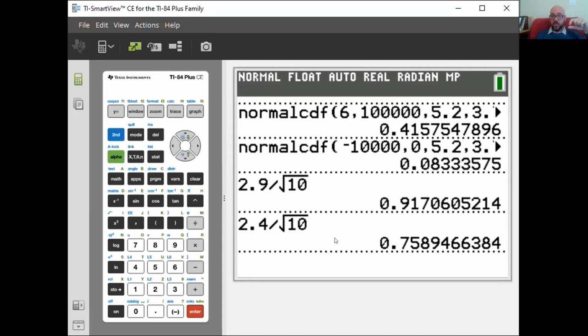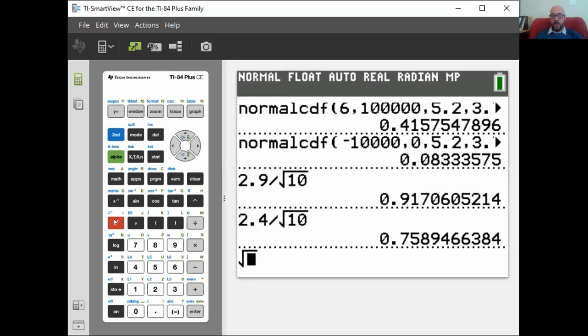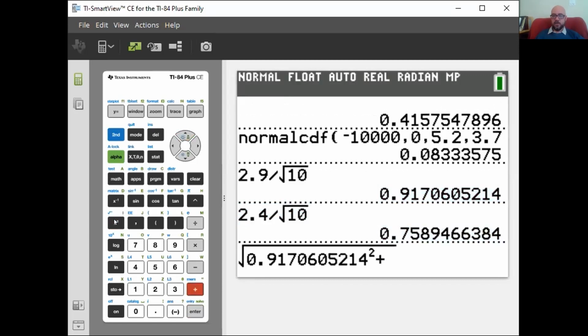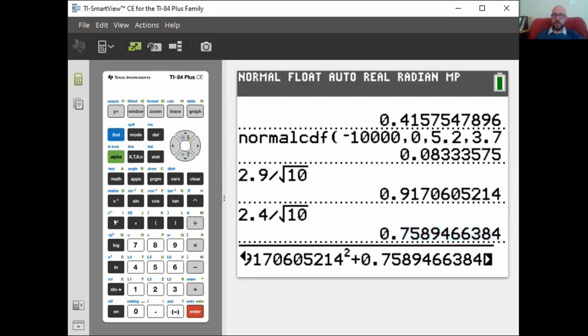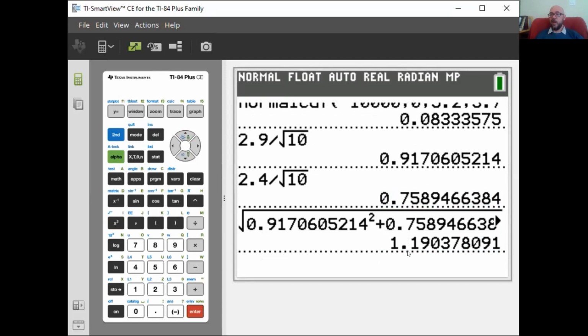The standard deviation of the distribution of differences of average heights of 10 men and average heights of 10 women is going to be this. It's going to be the square root of that squared plus that squared. Just like it was before, so 1.19.